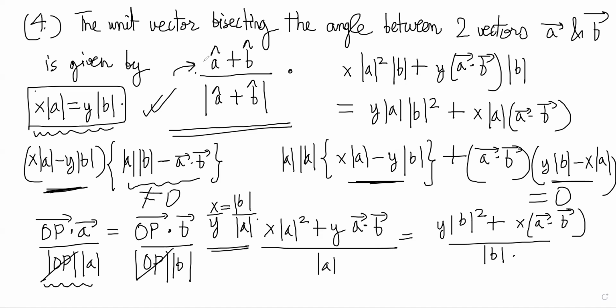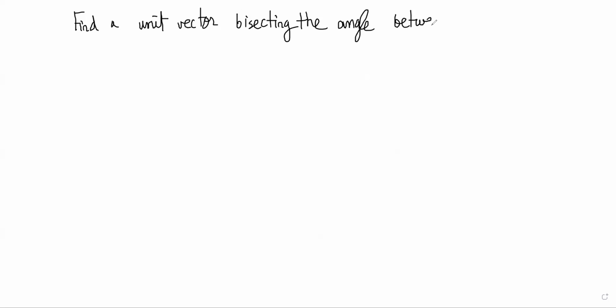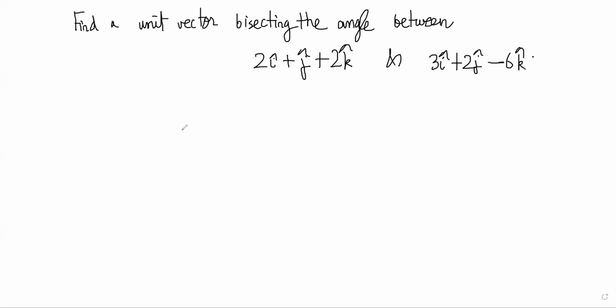So let's take an example to try to understand what is happening here. What I will say is this: find a unit vector bisecting the angle between 2i plus j plus 2k and 3i plus 2j minus 6k, right?